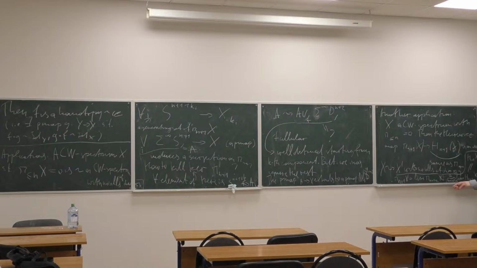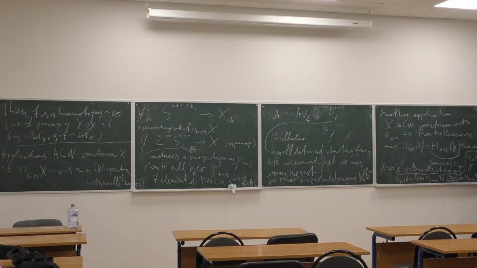Well, to be on the safe side, we take I sufficiently large so as to get something positive here. Then X I will be simply connected, so we're allowed to use the Hurewicz theorem, and we get this.